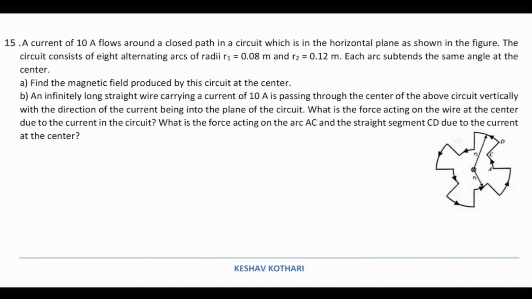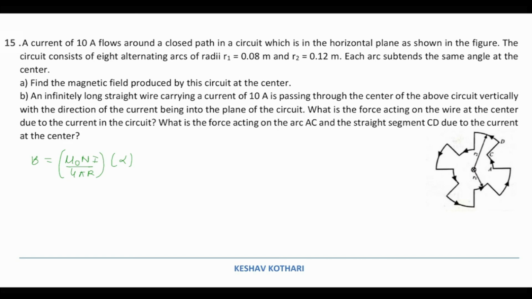In order to begin with it, we first determine the value of the magnetic field, which is part 1. We begin with the working formula, which I have already mentioned, that B is equal to mu naught N i upon 4 pi r into alpha, that is the angle which the arc is subtending.